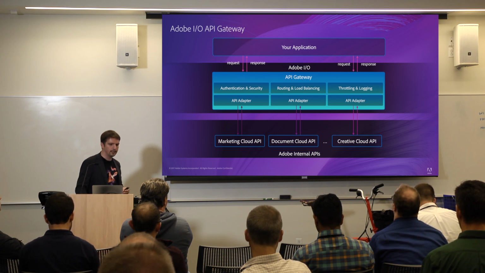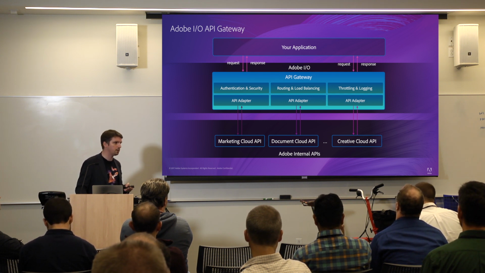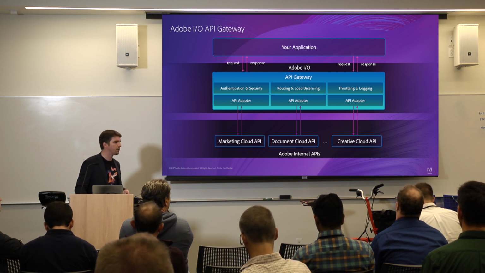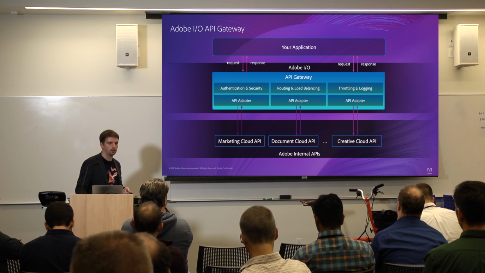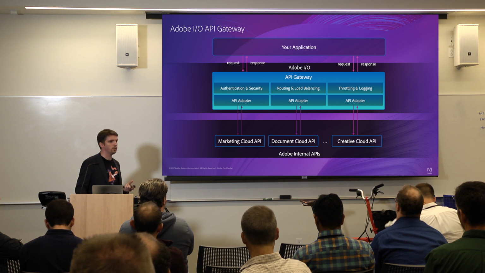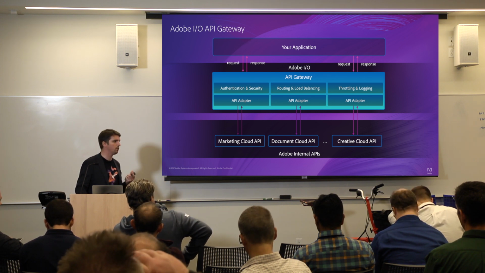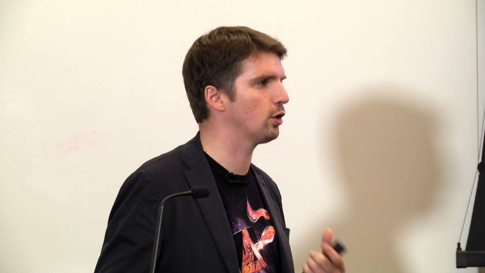The way it works is you have an application. That application makes HTTP requests to the Adobe I/O API Gateway, which then handles authentication, security, load balancing, throttling, logging, and is also doing the hard work of translating between all the incompatible APIs, marketing APIs, document APIs, creative APIs through adapters, so that all you have to deal with is really HTTP or HTTPS in particular and JSON, making it a bit easier, and on top of that, giving you two easy ways.